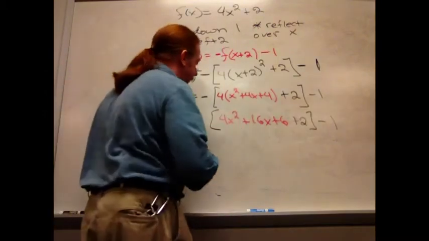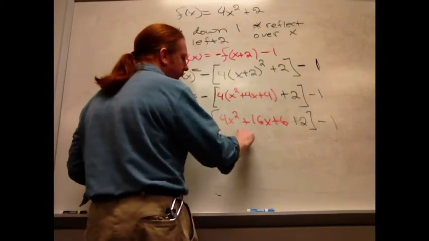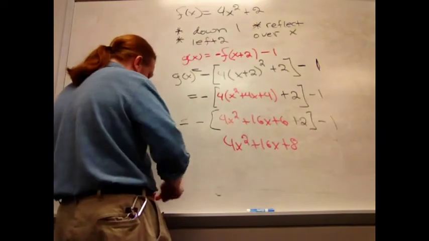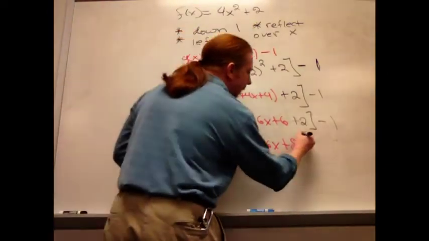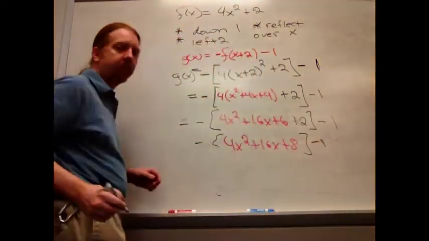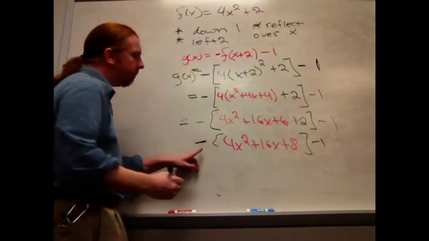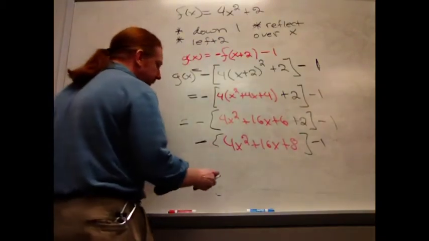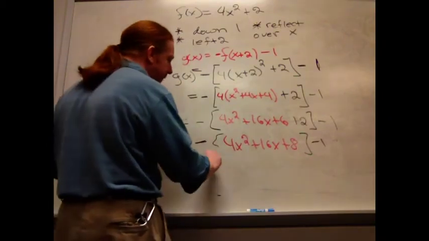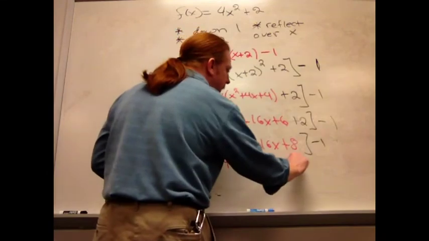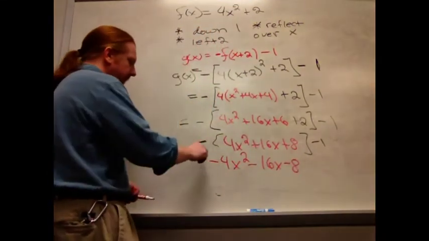Now I'll combine my like terms. 4x squared plus 16x plus 18. Now I can go ahead and distribute my minus. So this is going to become negative 4x squared minus 16x minus 18.